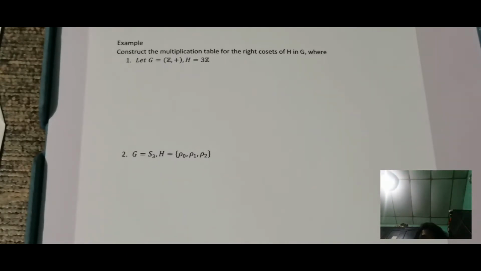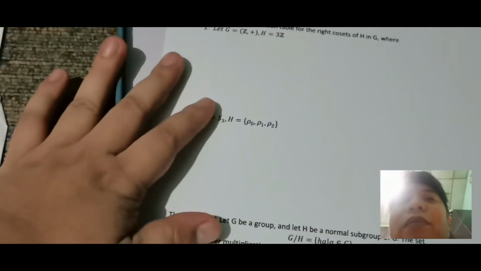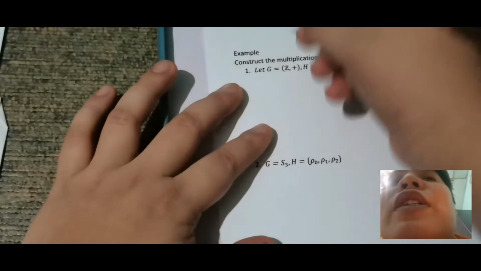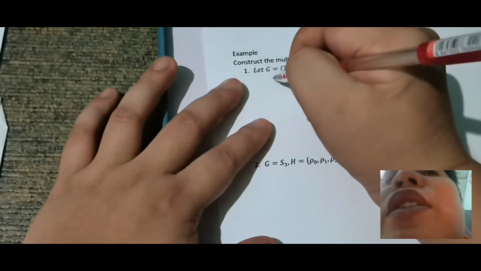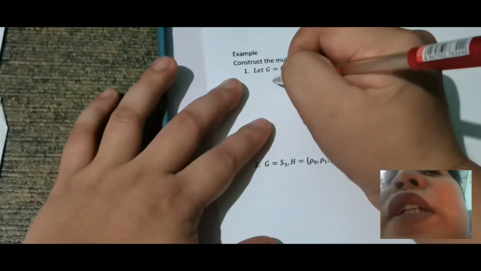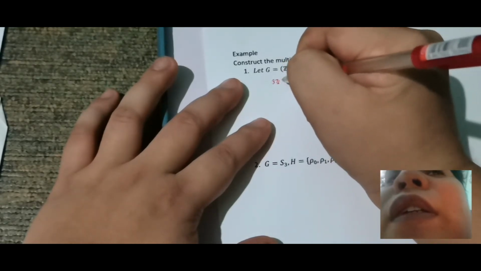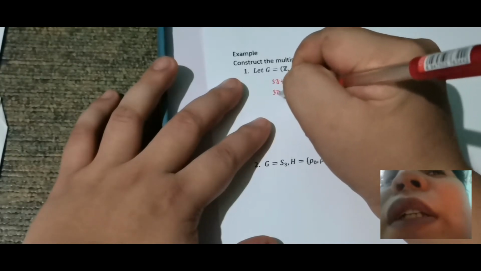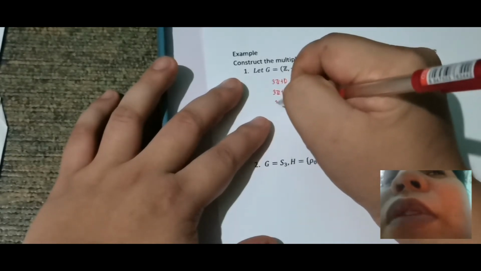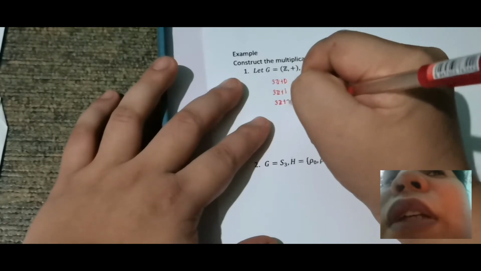So since right coset ang pinag-uusapan, alam mo naman na yung mga right coset neto. Okay, so we have the right coset neto. So the right cosets are, ano ba yung right coset neto? 3Z plus 0 rather. We have 3Z plus 1 and we have 3Z plus 2.